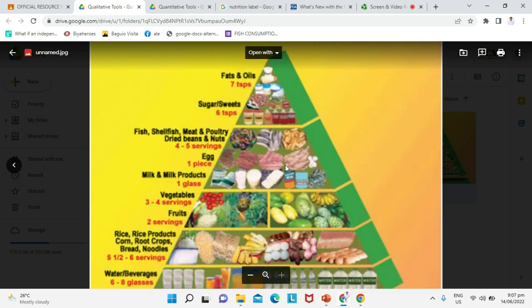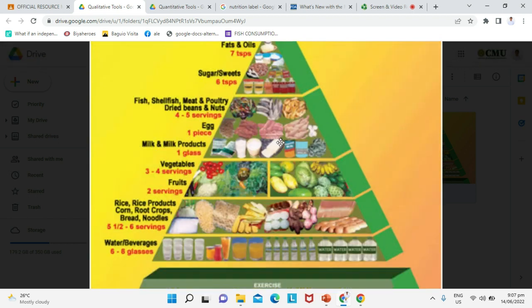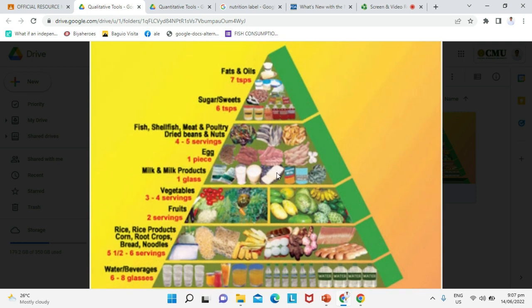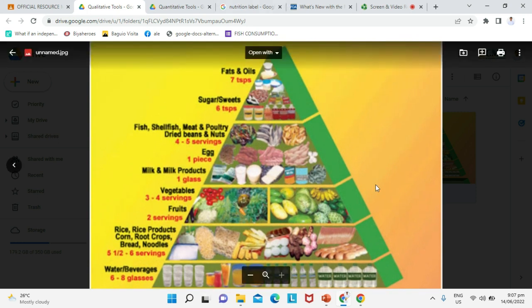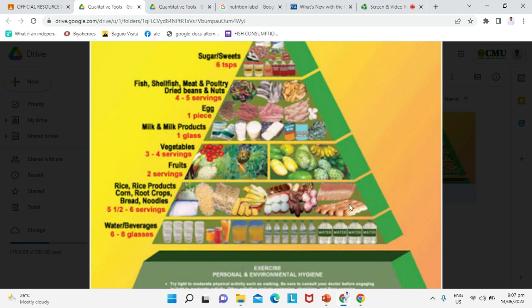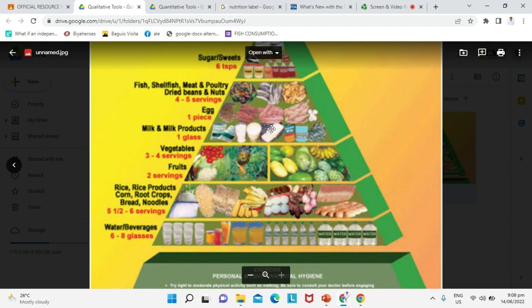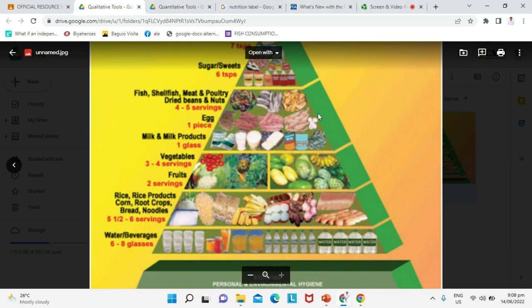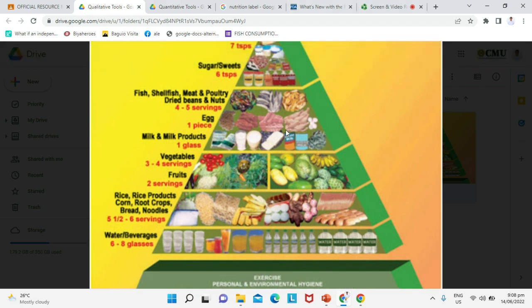So, let's take a quick view of the classic food pyramid. What does this pyramid symbolize? This also represents how foods are grouped according to how much we need of them daily.